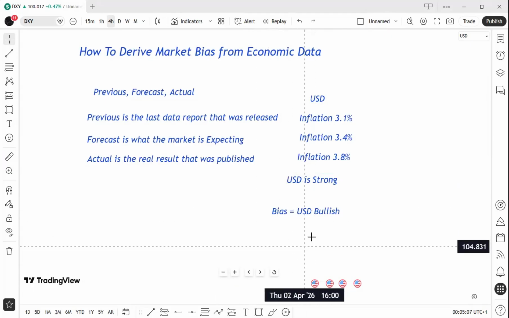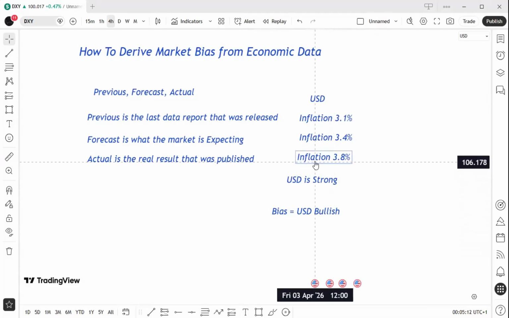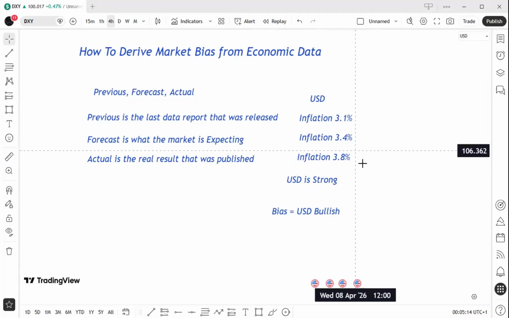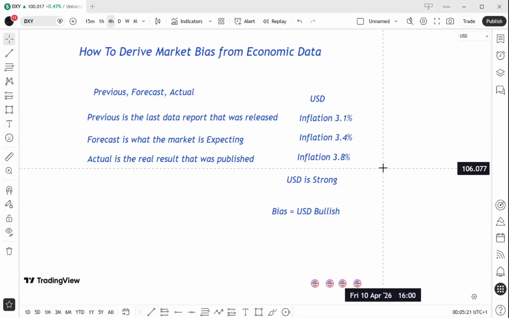This is how you get your bias. Your bias is that USD is bullish. Because why? Data came out higher than forecast. Once data comes out, what you have to do is compare the forecast to the actual.